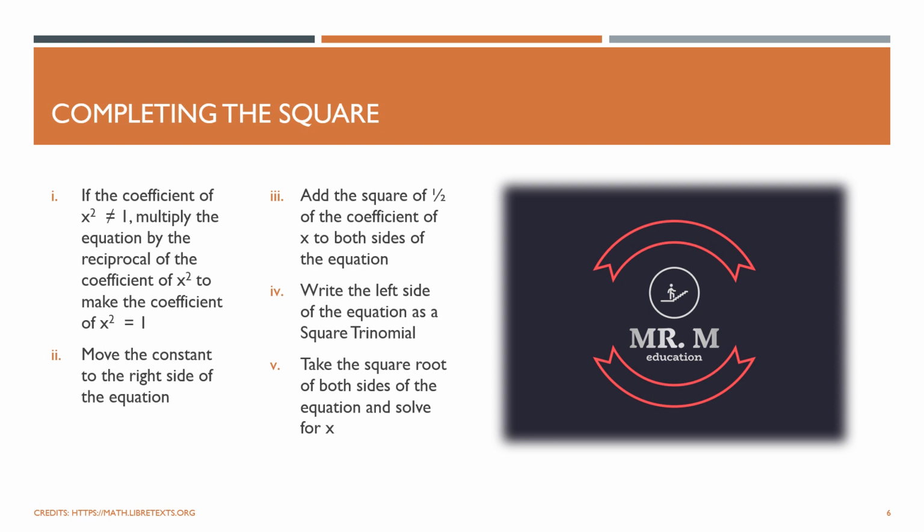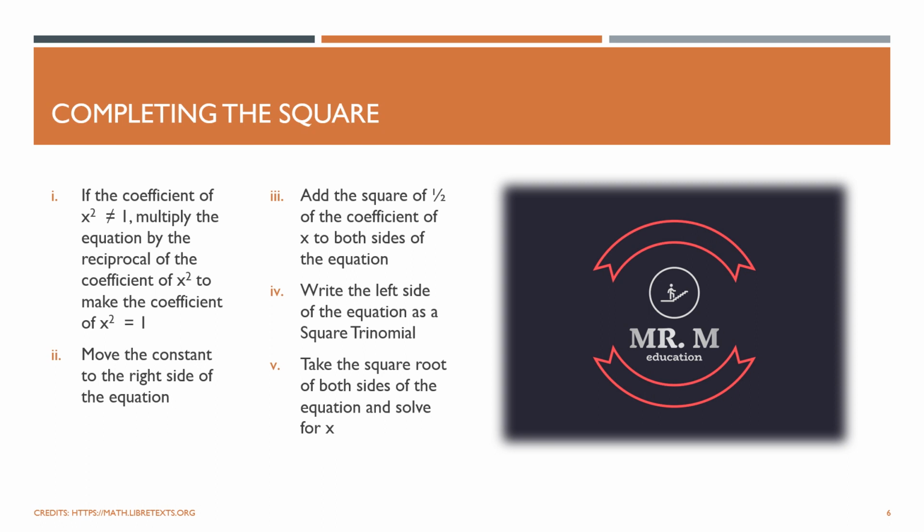In closing, the algorithm to solve a quadratic equation in x by completing the square is broken into 5 general steps. First, if the coefficient of x squared is not equal to 1, multiply the entire equation by the reciprocal of the coefficient of x squared. This will make the coefficient of x squared equal to 1.